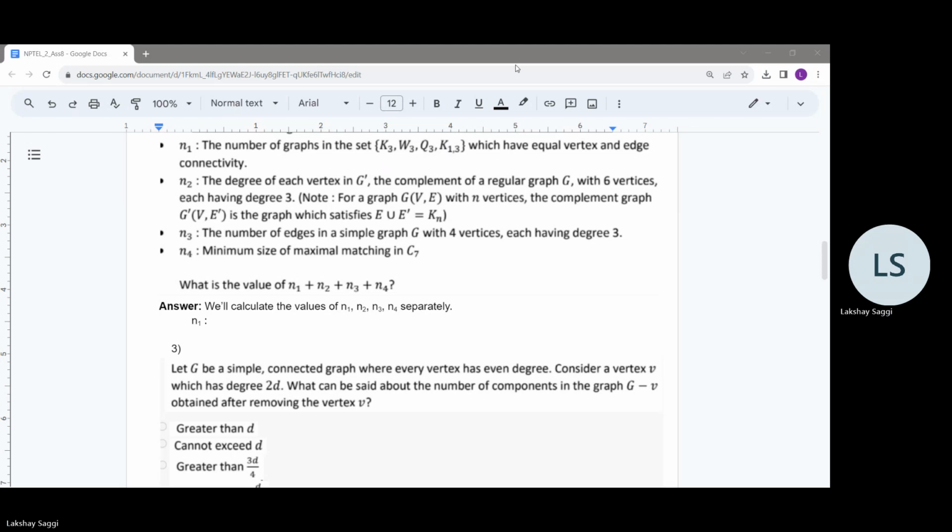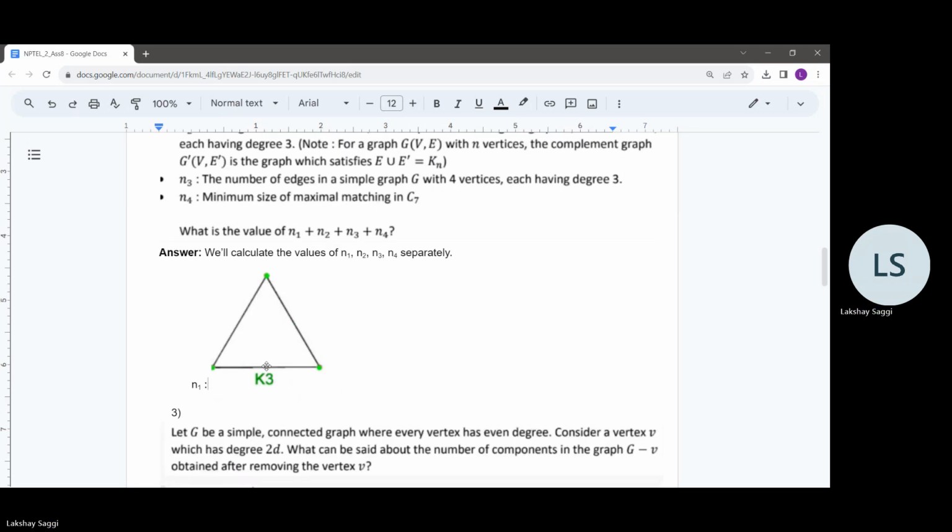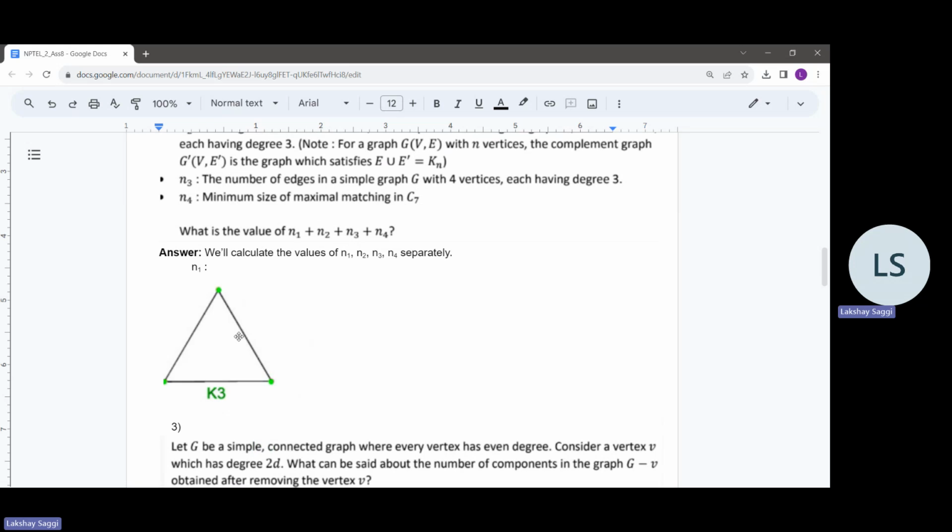So let me just show you the K3 graph. So this is the K3 graph.